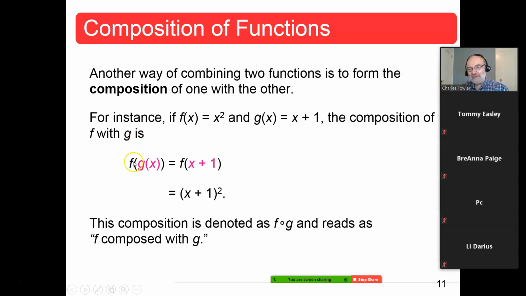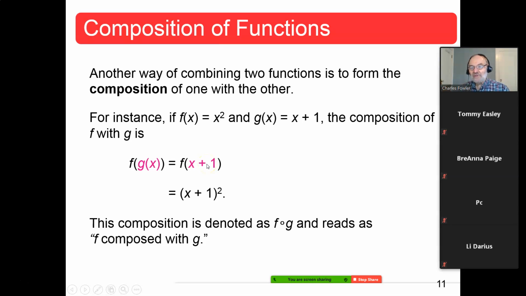That's taking the f function, the one that shows up first, write it first, and then in your parentheses you put the g function. Not x, but g of x. Close that out, and then you do what it says on the inner first. That's f of, well, what is g of x? x plus 1. So you just plug in what g of x is.